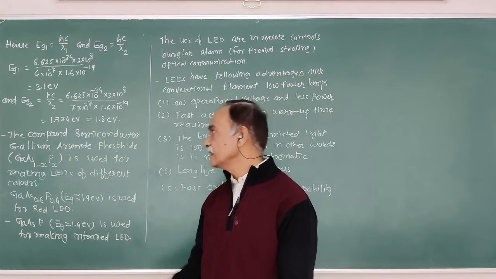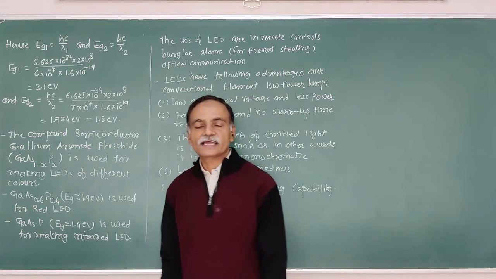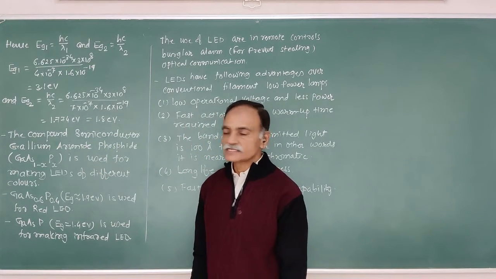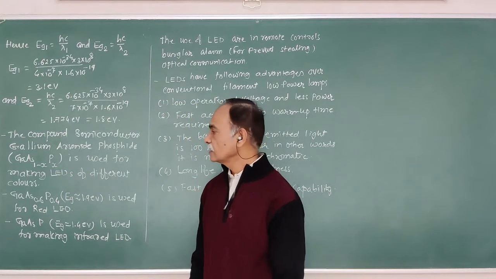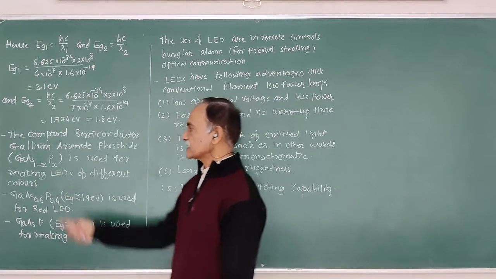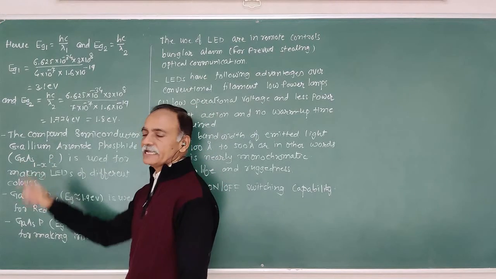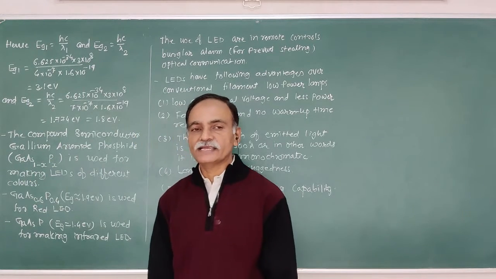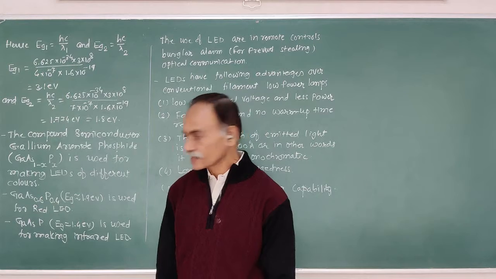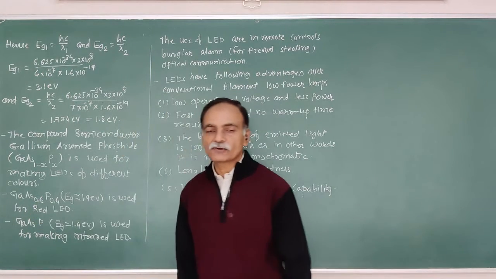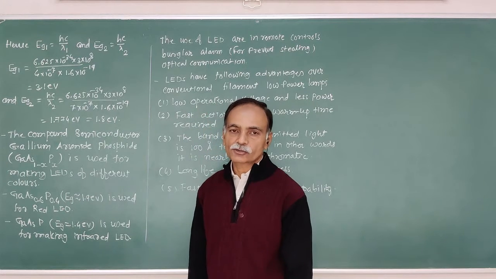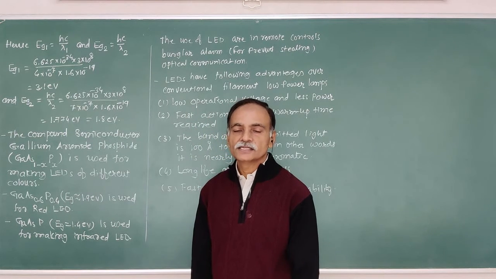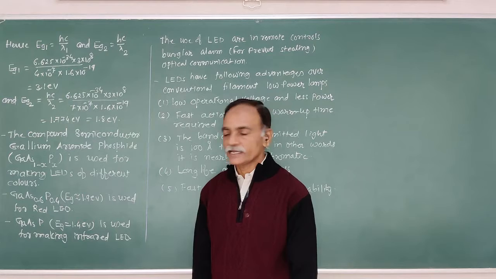The compound semiconductor gallium arsenide phosphide, GaAsP, is used for making LEDs of different colors. The proportion of phosphide is x, and gallium arsenide is 1 minus x. Like gallium arsenide 0.6, phosphorus 0.4, the band gap energy is 1.9 electron volt, used for the preparation of the red LED.